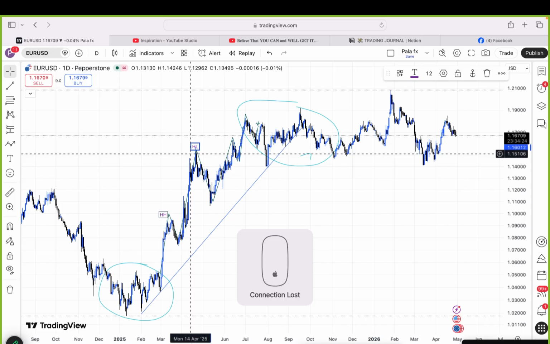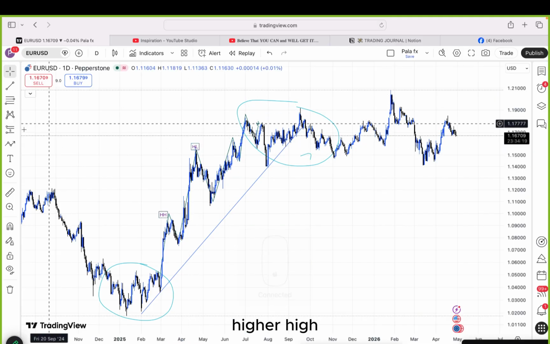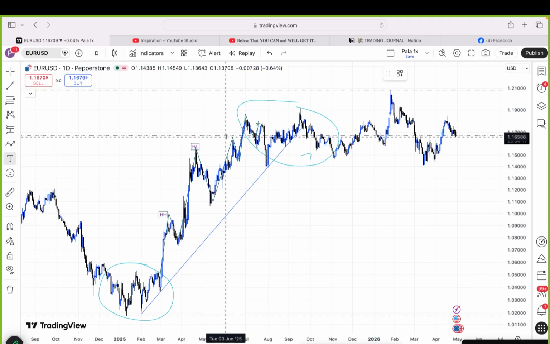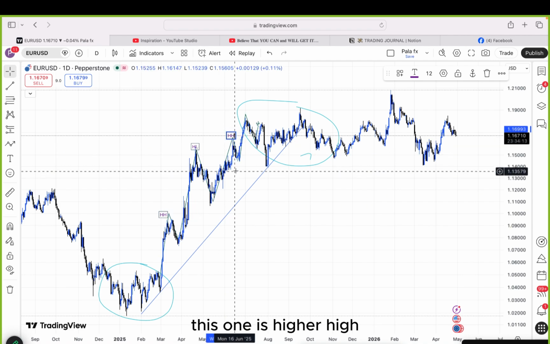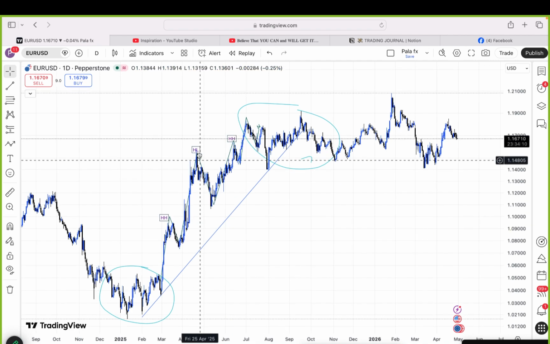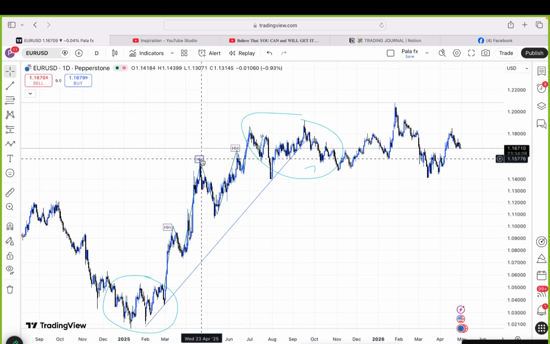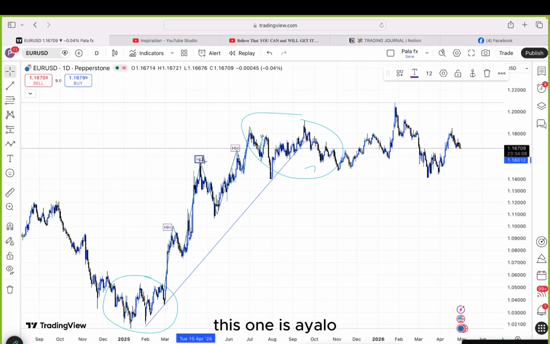This one is higher high. This one is higher low.